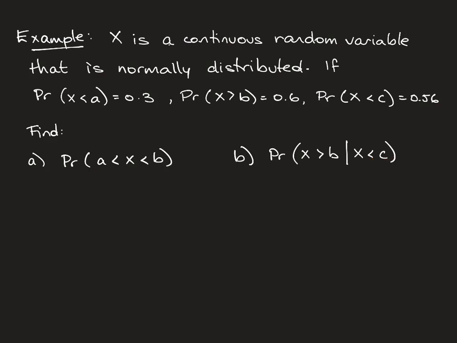Your very first step in solving this should be to draw yourself a little normal distribution showing where a, b and c are situated on the curve given their probabilities. Have a go at that first.